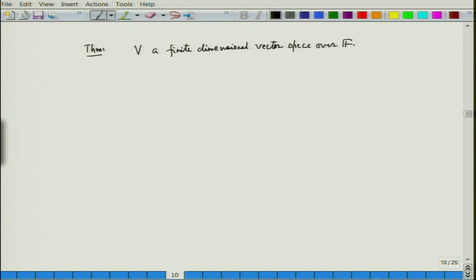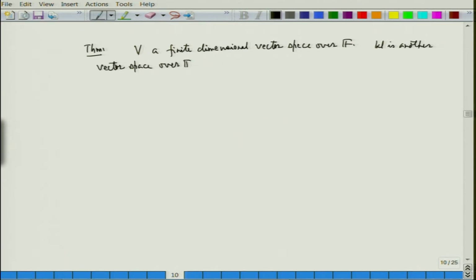Suppose V is a finite dimensional vector space over F and T is a linear transformation from V to W, where W is another vector space over F.